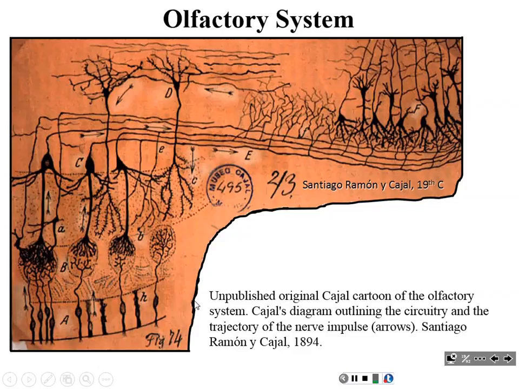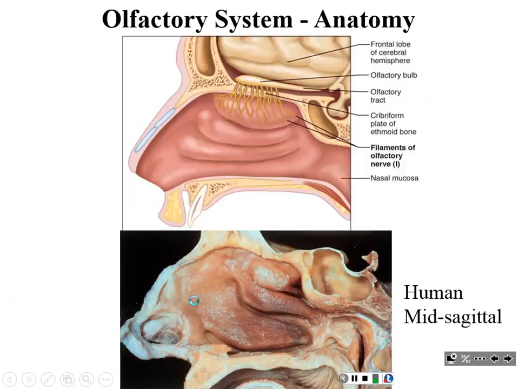So, we're going to move into the olfactory system. We know a lot about the olfactory system from, here is a representation from the 19th century by Ramón y Cajal, but there's a lot that we don't know about the olfactory system. So you're going to hear me saying a lot of times, I don't know.